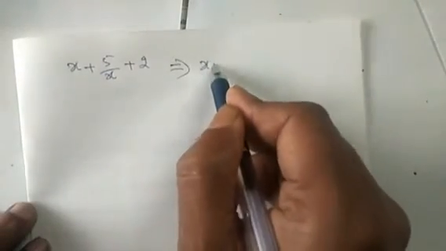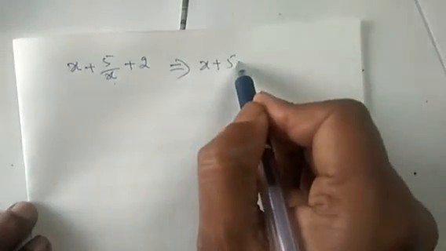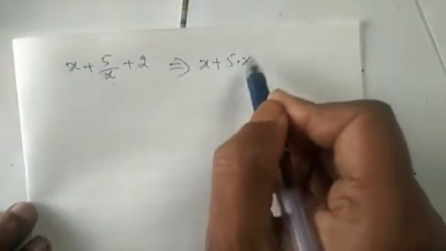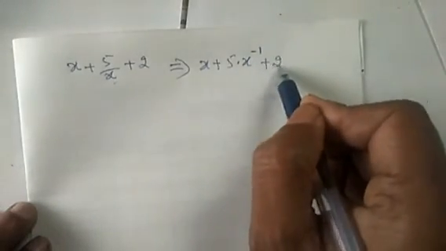Now let us see one more question. Okay, x plus 5 by x plus 2. If I ask you whether this is a polynomial or not, we can write it like this: 5, and since x is in the denominator, when we take it to the numerator side, we can write minus 1, plus 2.